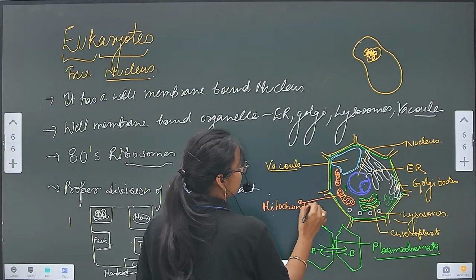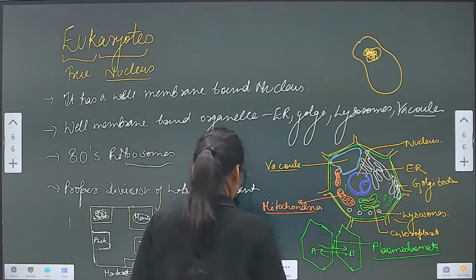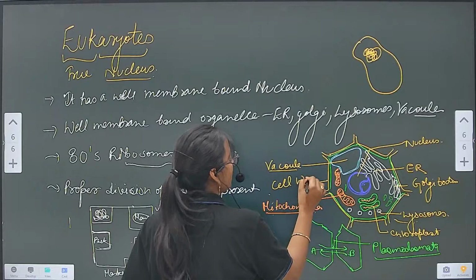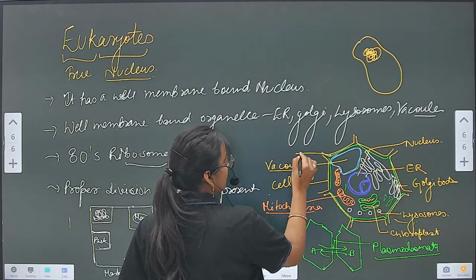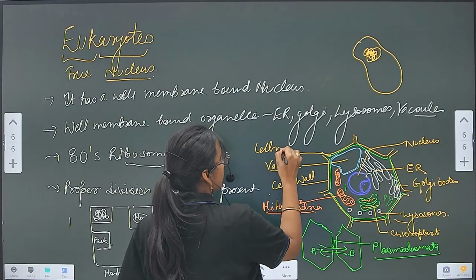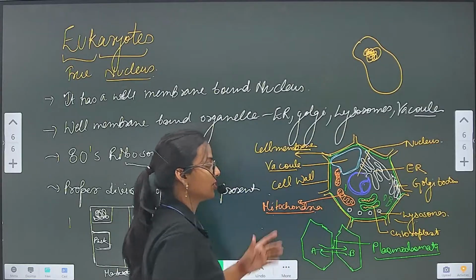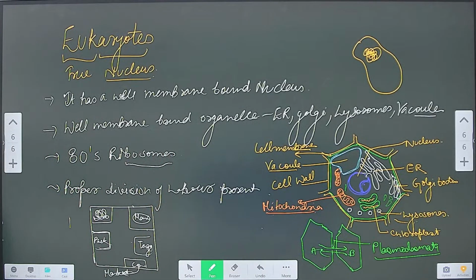And the outermost yellow layer is the cell wall, and the second green layer is the cell membrane. Is that clear? Now you can draw it, you can copy it, and if there is any doubt, you can just ask me.